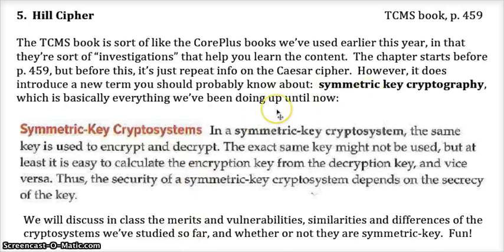There's a term that they introduced at this point, which I thought we should talk about too, which is this idea of symmetric key cryptography. I think everything we've done so far has been symmetric key. In a symmetric key crypto system, the same key is used to encrypt and decrypt. Like the thing we just did, where we use this stack of disks, or like the Mario Kart thing where we shifted everything over.